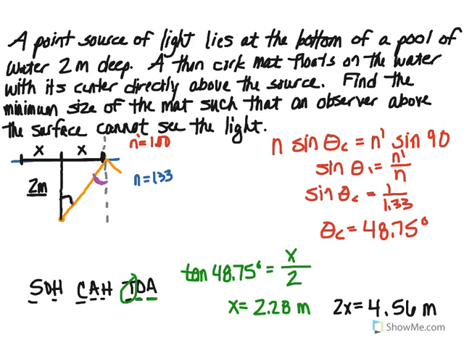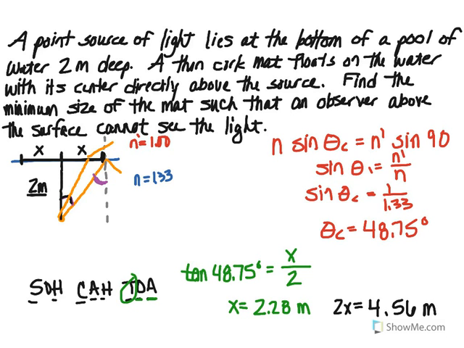And if you just think about it, if the mat were any smaller, then a light ray would be able to pass at a smaller angle at the interface. If the angle was any smaller, it would be smaller than the critical angle, and if an incident angle is smaller than the critical angle, then some of the light would be refracted to the other surface, or into the other medium.